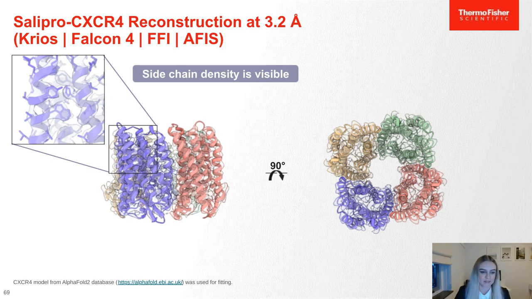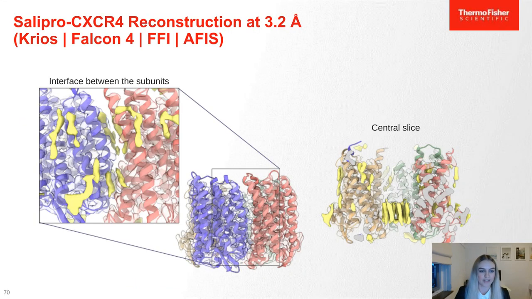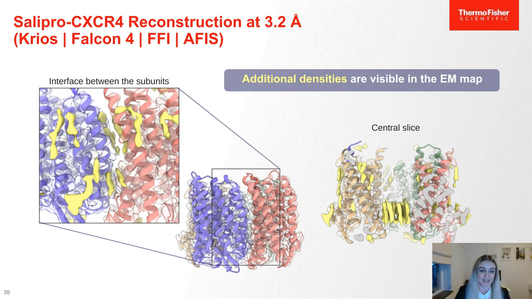And lastly, I also wanted to bring your attention to some additional densities that are visible in the EM map. So as Jens was saying, when these proteins are purified with Salipro scaffolds, lipids can be scooped out of the membrane together with the protein, and we think that some of these additional densities might be exactly that.